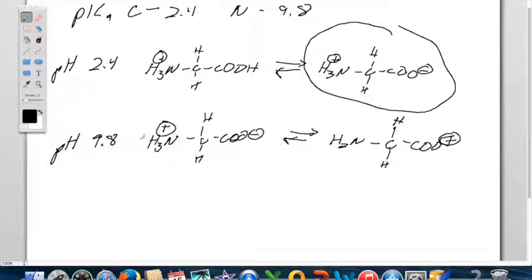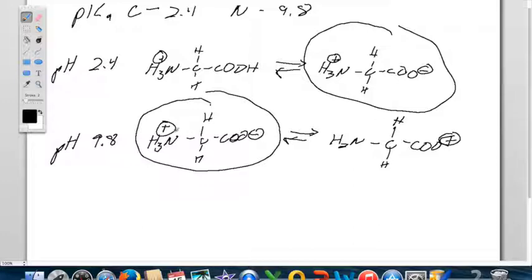Here, at 9.8, 50% of the molecules are again in this isoelectric or uncharged form, and 50% of the molecules here have a net negative charge. So let's examine this. At a pH of 2.4, 50% of the glycine molecules have a net 0 charge, and at a pH of 9.8, half of the glycine molecules would have a net 0 charge.